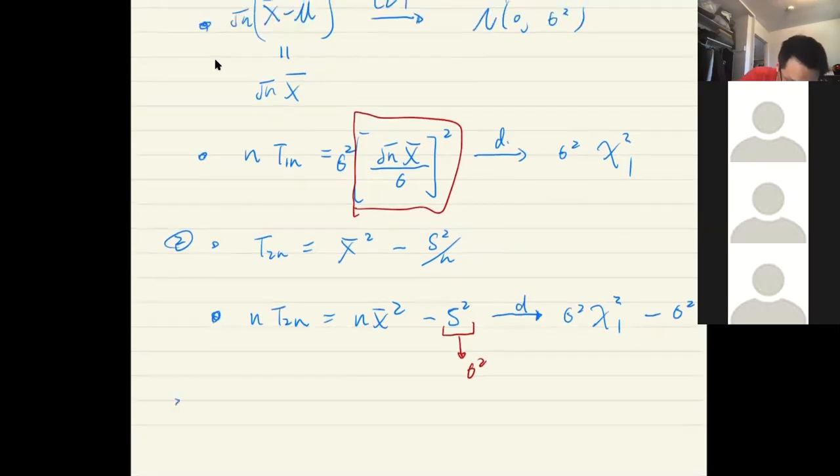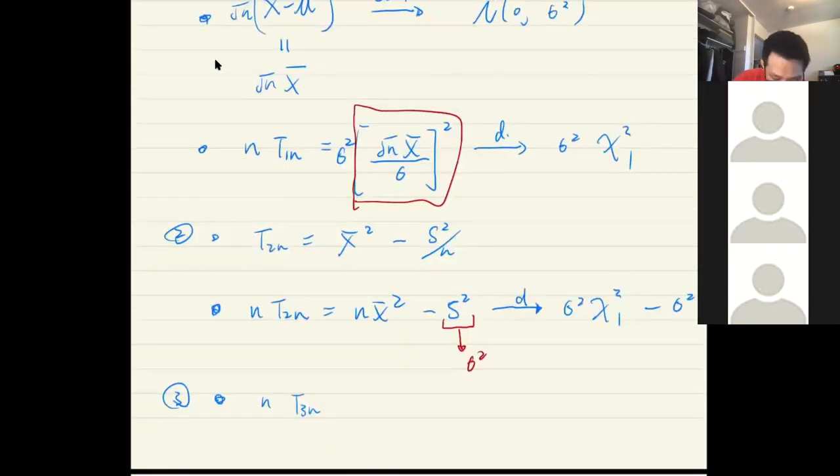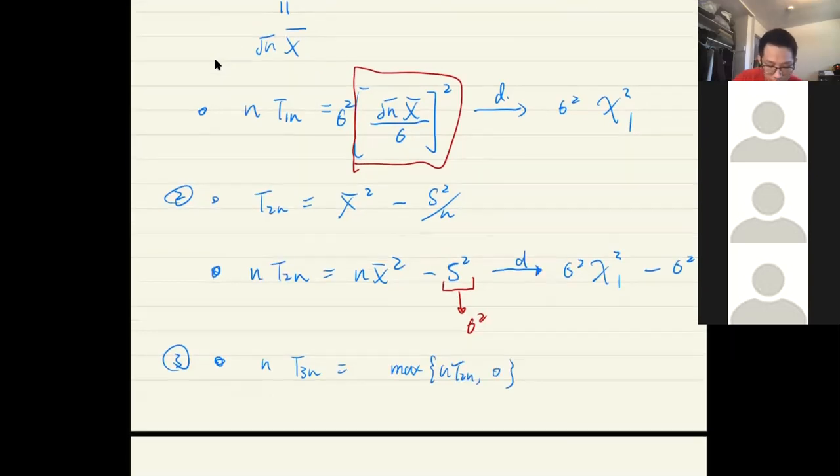And for the third one, we want to find n T3n. This is equal to the maximum of n T2n and 0.